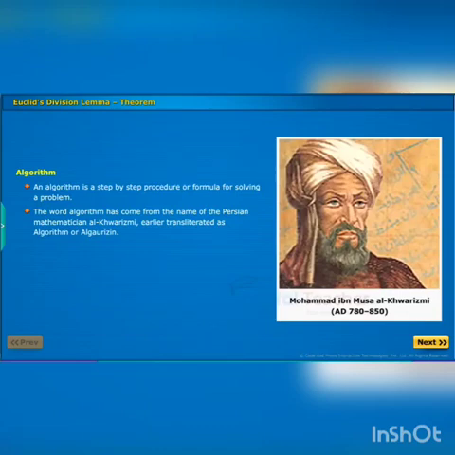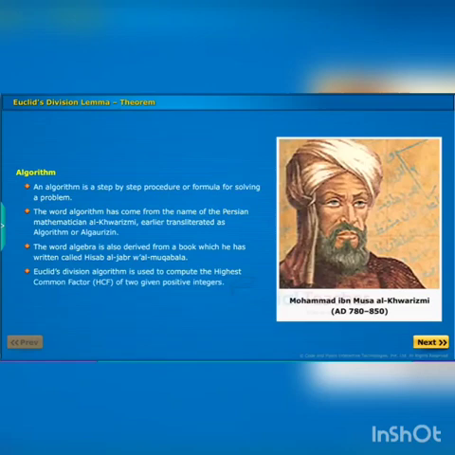The word algebra is also derived from a book which he wrote called Hisab al-Jabr wal-Muqabala. Euclid's division algorithm is used to compute the highest common factor, HCF, of two given positive integers.